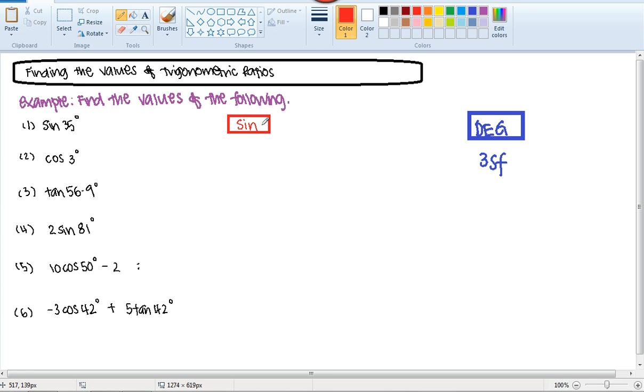After which, because it's sine 35 degrees, you're going to click 35, and after which, press your equal button. Your value, being rounded off, corrected to 3 significant figures, you should get 0.574 corrected to 3 significant figures.